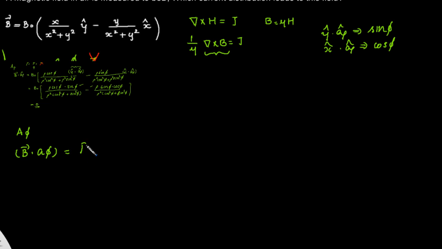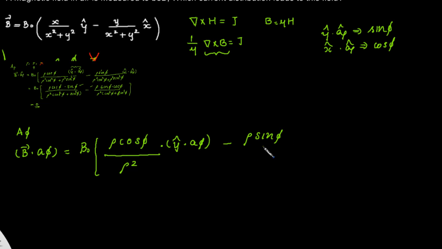That will be B naught into, we have x as rho cos phi by rho square into cos square phi plus sin square phi, that will be rho square, into y cap dot a phi, minus rho sin phi by rho square into x cap dot a phi cap.